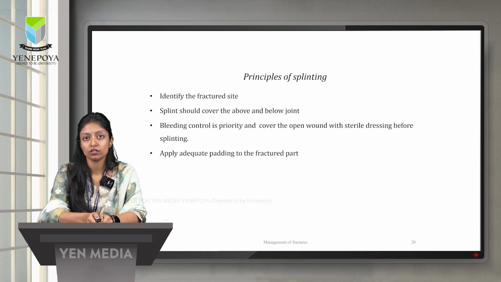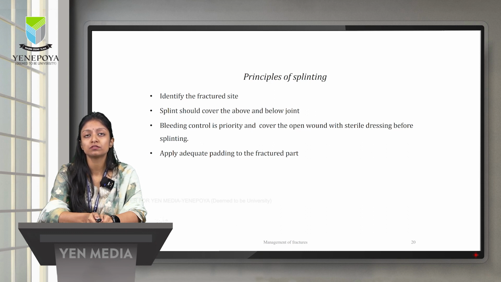Where the fracture occurred, are we covering both the joints on the two sides of the fracture or not? So, we have to identify the fracture site well. Next, as I said, the splint should cover the joints above and below. For total immobilization, it is important that the joint above and below the bone is covered.